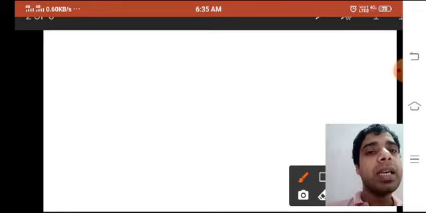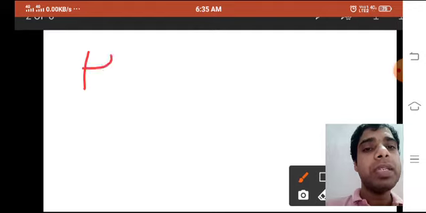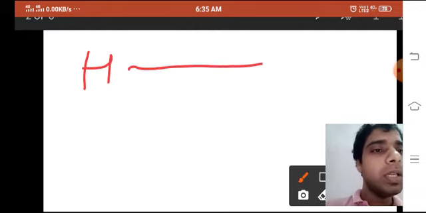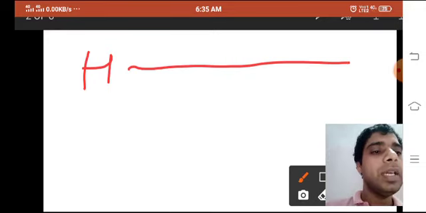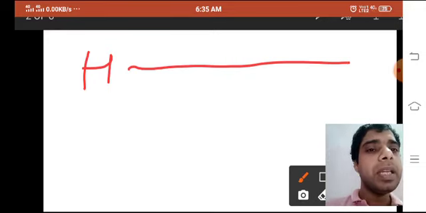When elements are arranged in increasing order of atomic mass, if I take hydrogen and move in a row, then after hydrogen, helium was not known at that time, as noble gases were not known.